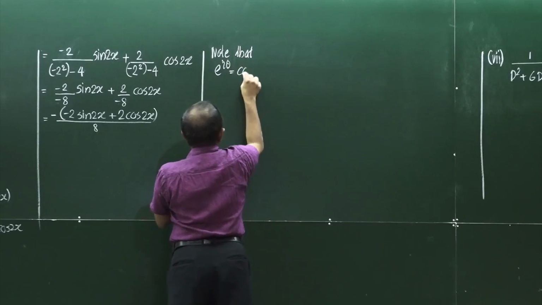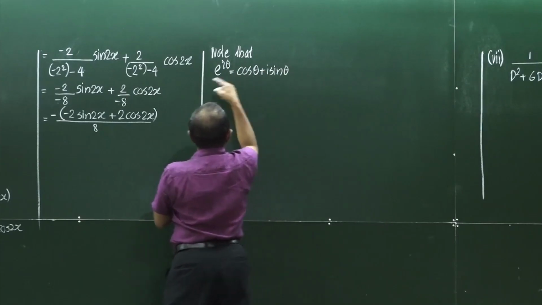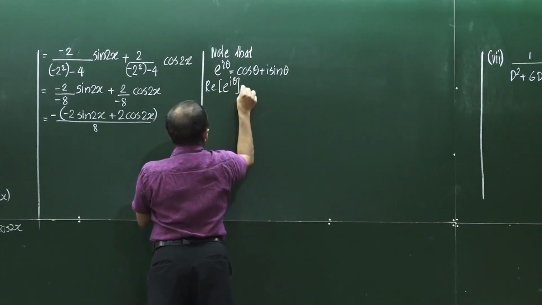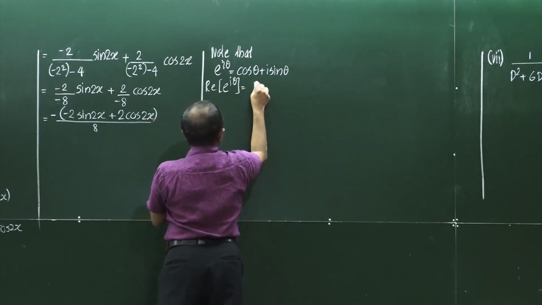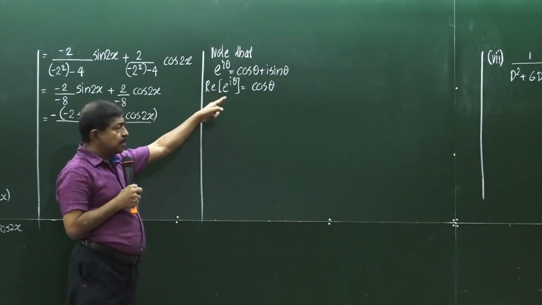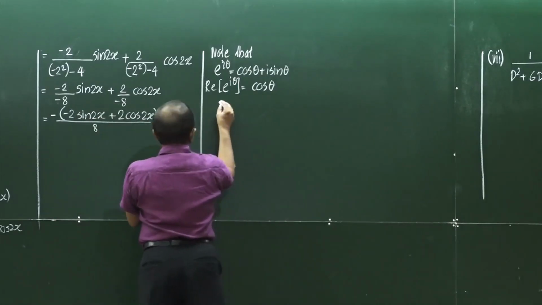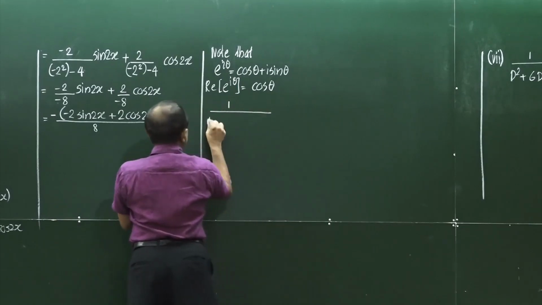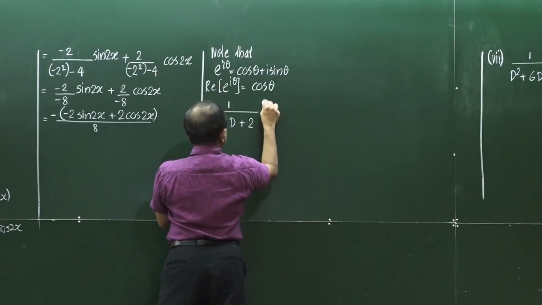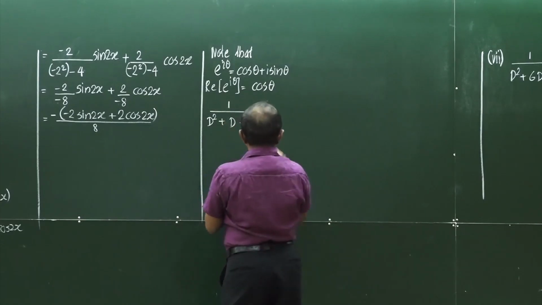e to the power i theta is cos theta plus i sin theta. This is Euler form. So if you take the real parts of both sides, cos theta can be written as the real part of e to the power i theta. So we'll take this cos 2x.